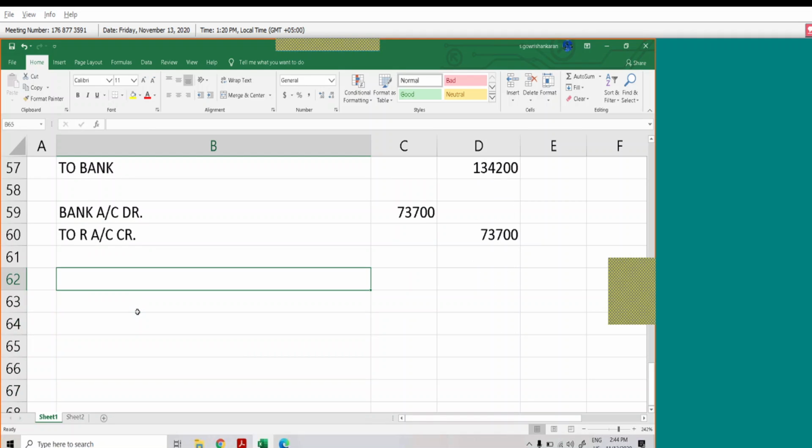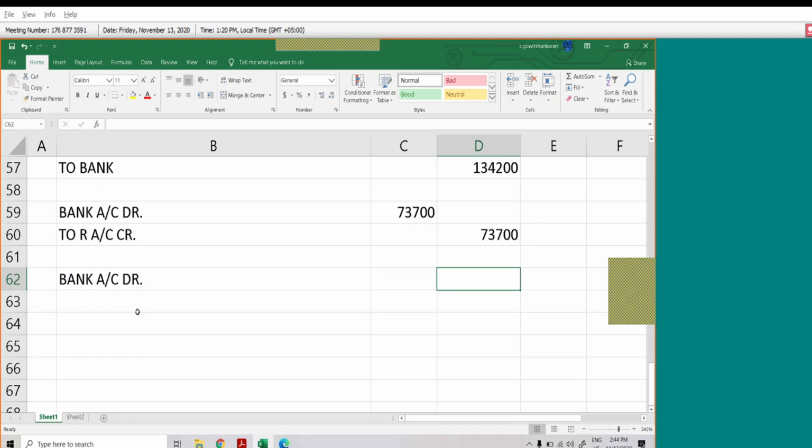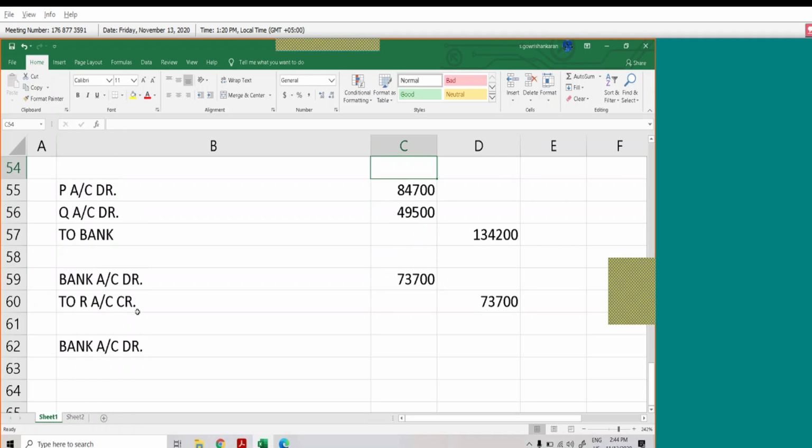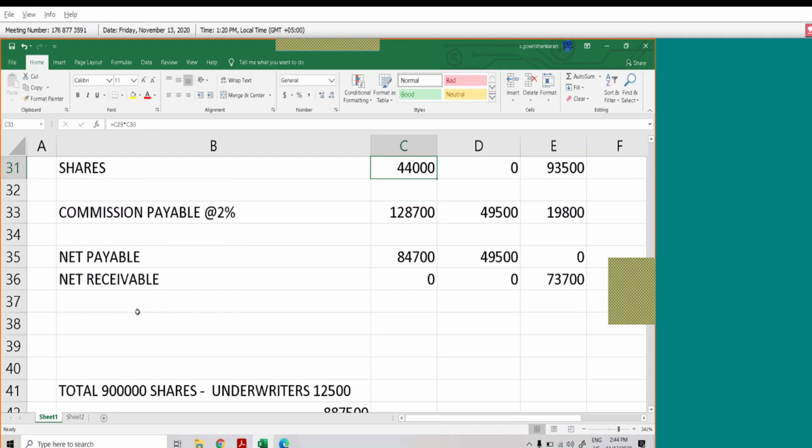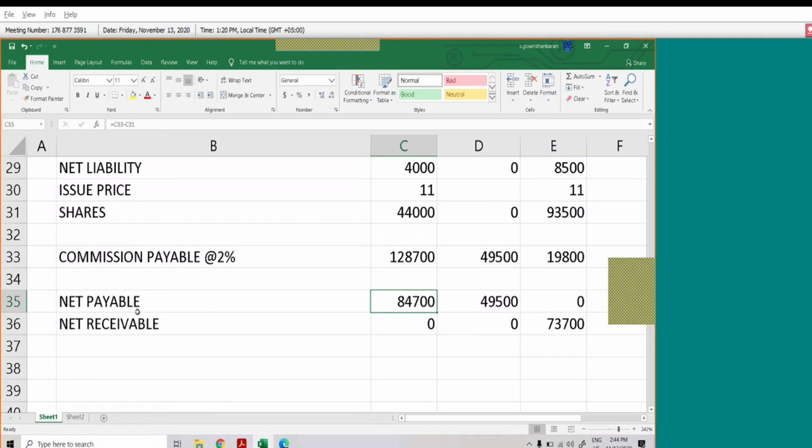Commission adjustment done. Now finally, subscription of shares by these fellows. So what is the amount? Bank account debit. How much money did we need from these guys?